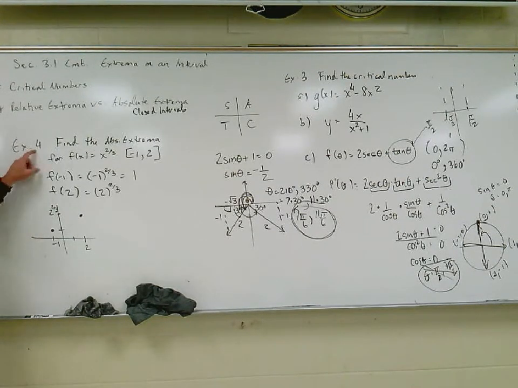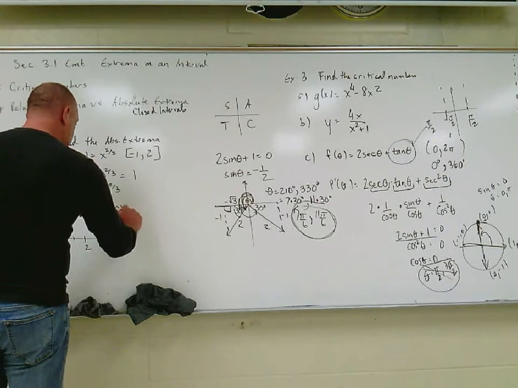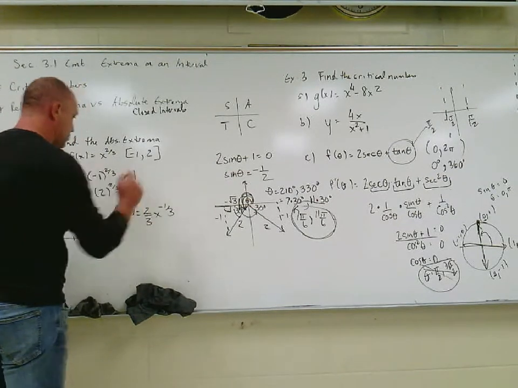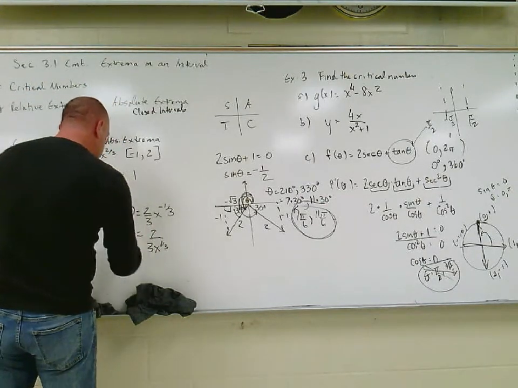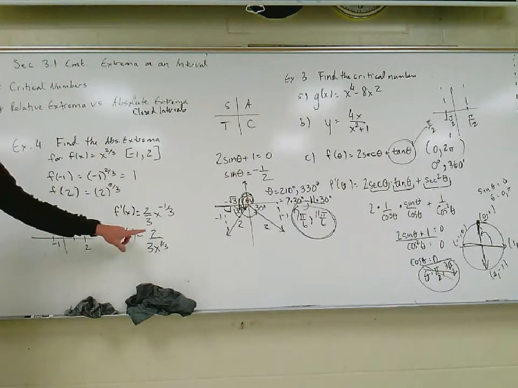So I gave you step by step on Friday, guys. Step 1, find the endpoint. Step 2, find your derivative. Set it equal to 0 or undefined. So I'm going to take the derivative because I'm running low on time. 2/3 x to the -1/3, which is 2 over 3x to the 1/3. That's the derivative. Notice it won't equal 0.